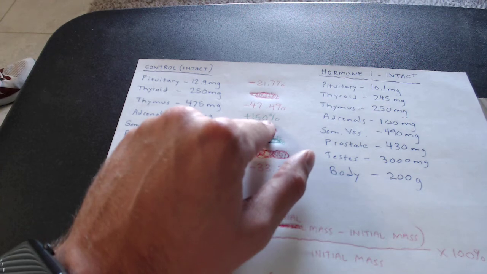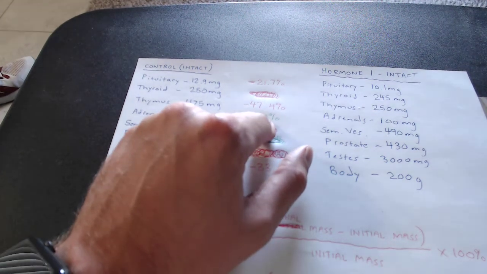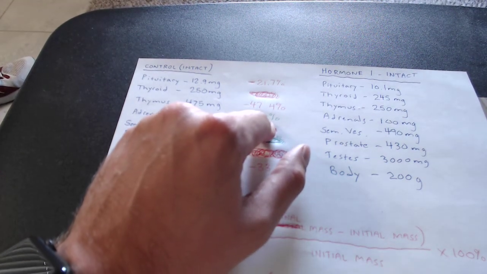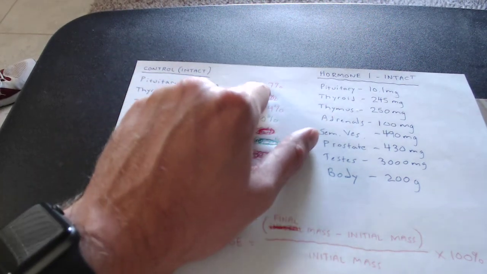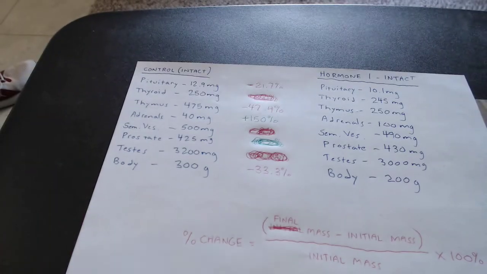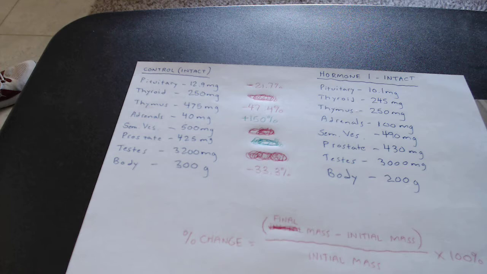So you may want to ask yourself, which hormone would cause the adrenals to grow in size? And then if the pituitary is shrinking, what lack of hormone would cause the pituitary to shrink? What does the pituitary get stimulated with in this particular pathway, and is there a reason why that hormone would be especially low if I injected a particular hormone?